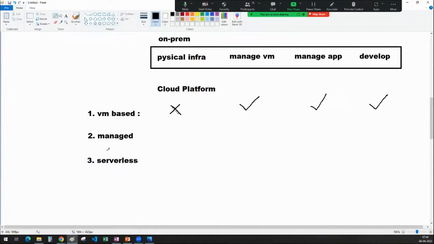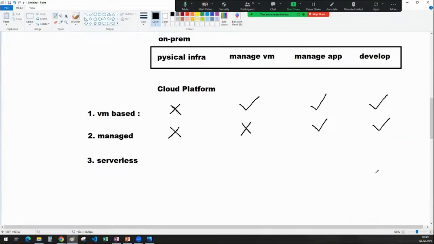If you go to the second category, managed services, the physical infrastructure will be taken care of by the cloud platform, and managing the virtual machines is also taken care of by the cloud platform, and only the application and development will be taken care of by you. Managing the application and developing a solution is on you.